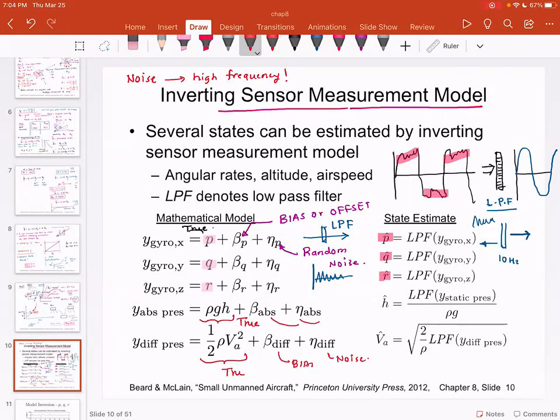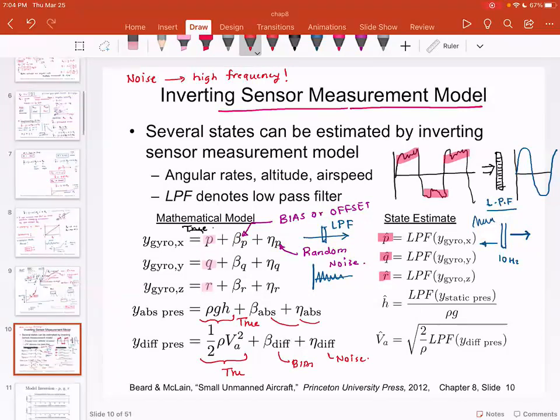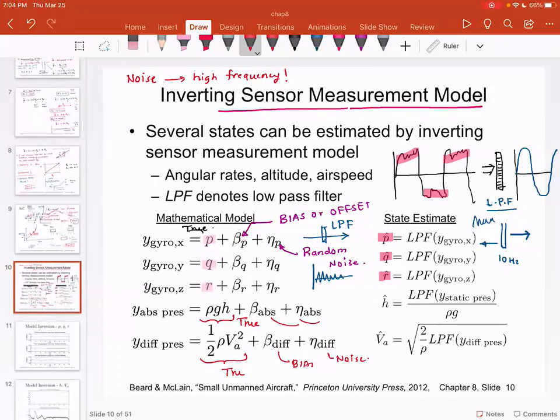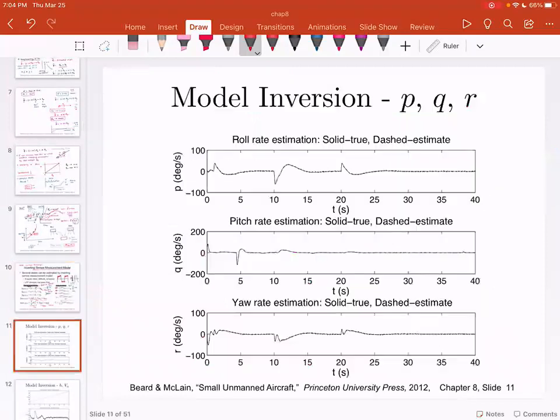It's a constant value, so you can actually take it out. Now, what is this inversion? In inversion, what we do is we exactly find out the values of the roll rate and pitch rate.